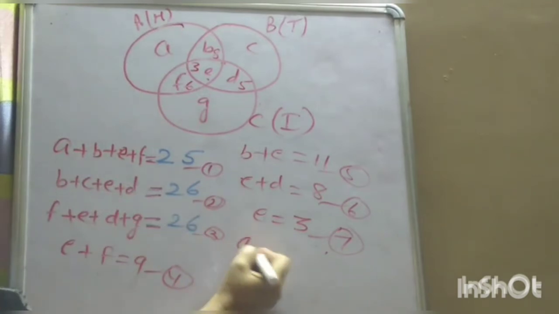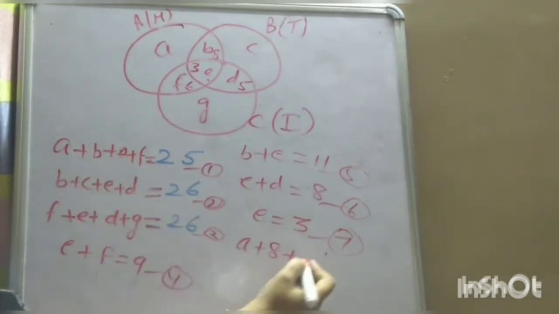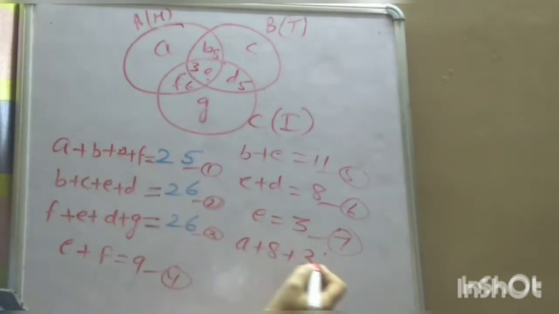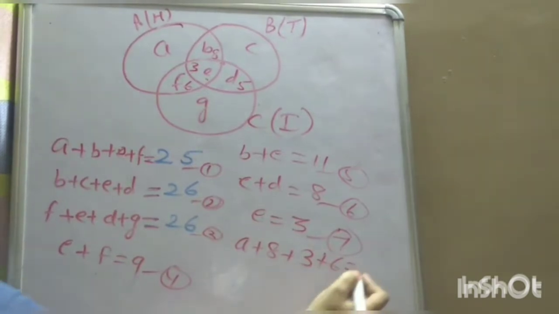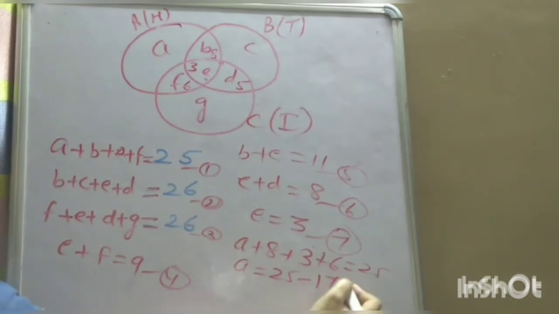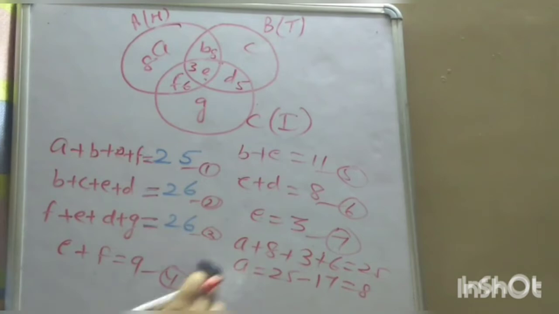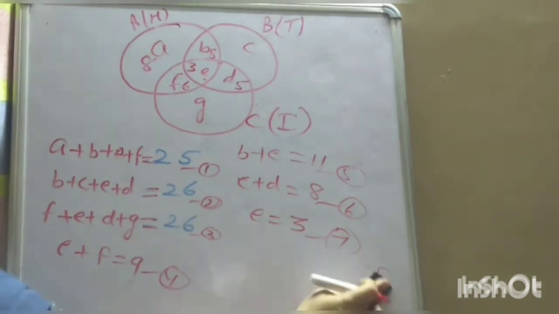A we don't know, plus B, 8, plus E, 3, plus F, 6 is equal to 25. Therefore, A is equal to 25 minus 17. So, value of A is equal to 8.